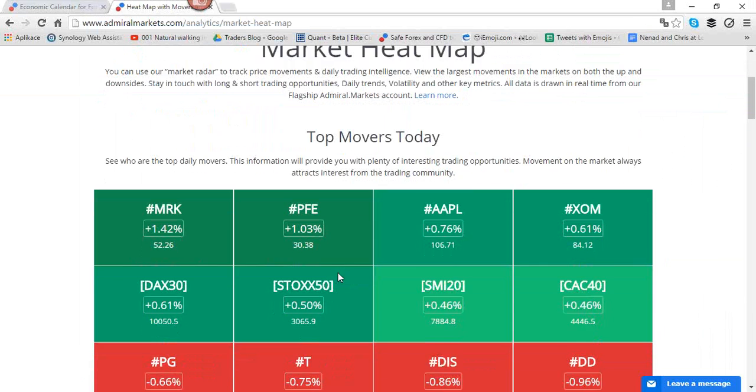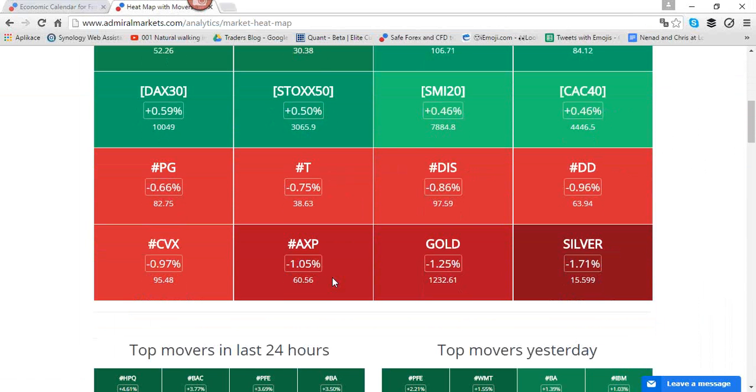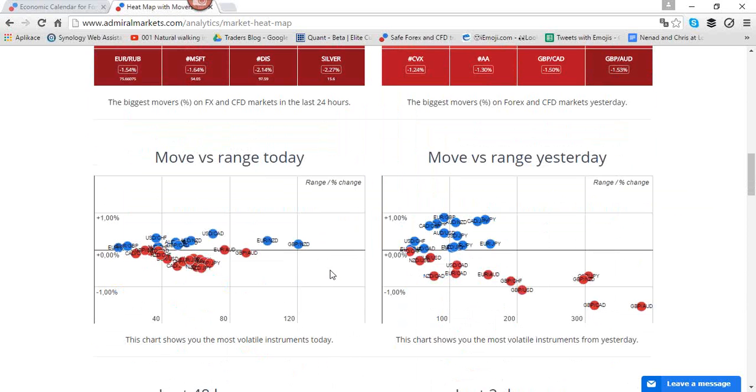Regarding the market heat map, we can see some stocks and some indices in the green, some commodities in the red. And regarding currency pairs, we see pound weakness dominating the field with the 5 pound pairs around or below minus 1%. And we see maybe some yens here.